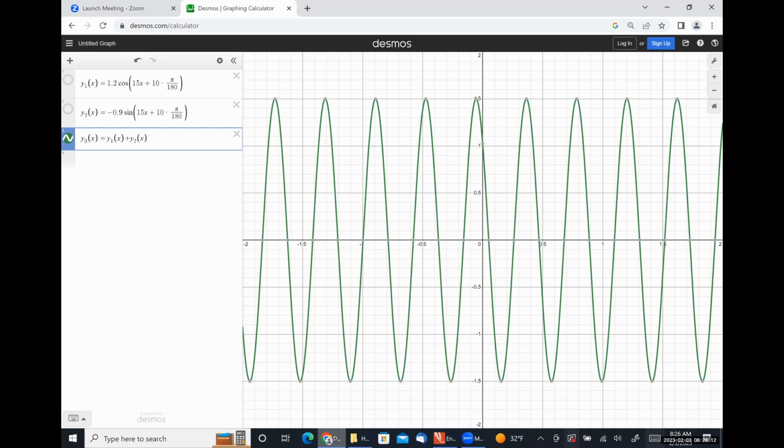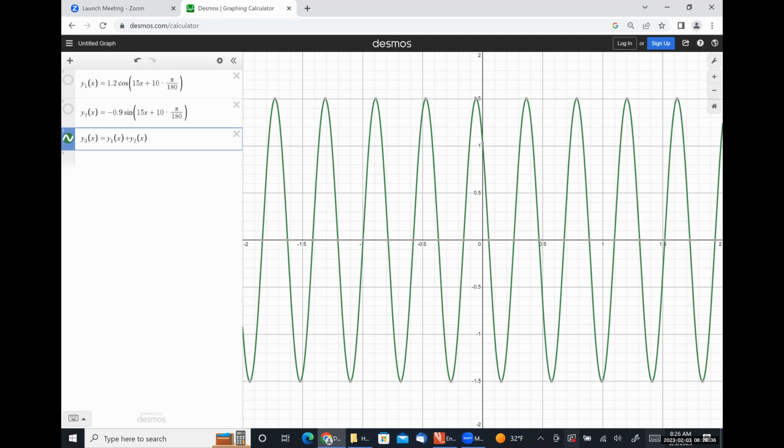Because I can look at this graph right here and see that this has an amplitude of 1.5 and some phase angle that is going to be, if I'm dealing with a cosine function, a little bit of a lag here, it looks like, right?